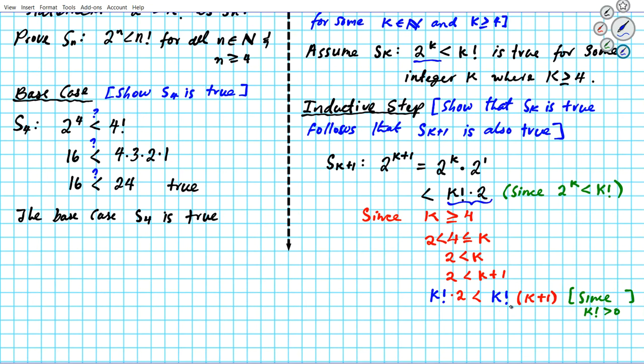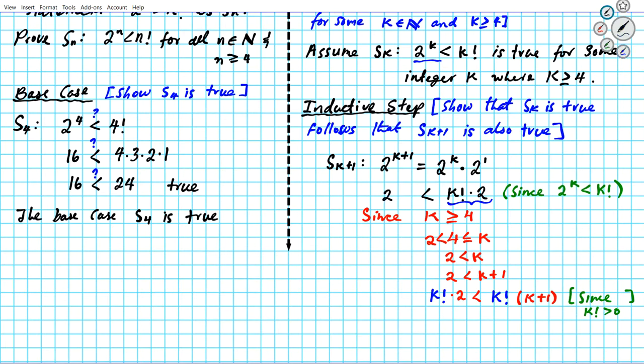It's less than k factorial times k plus 1. All right? So since k factorial times 2 is greater than 2 to the k plus 1, and k factorial times 2 is less than k factorial times k plus 1, if we use the transitive property of inequality, what can we say?